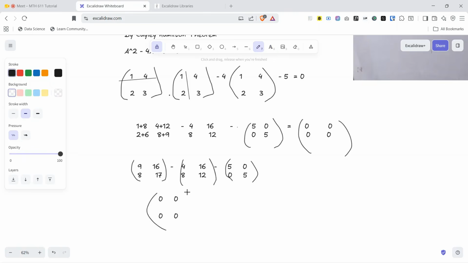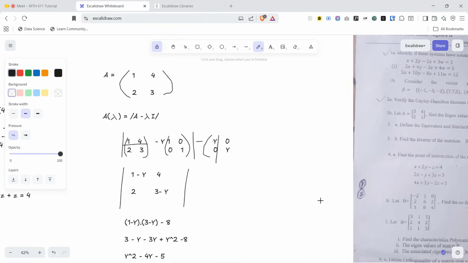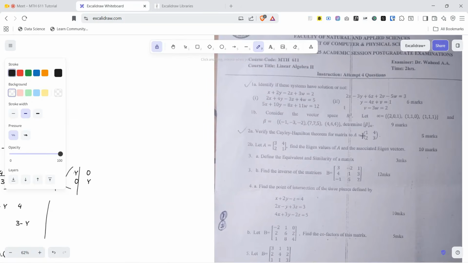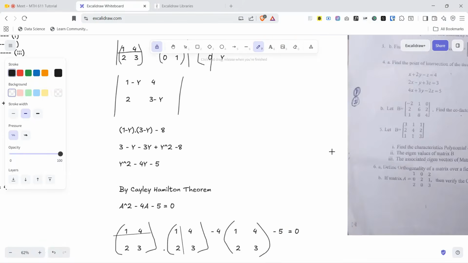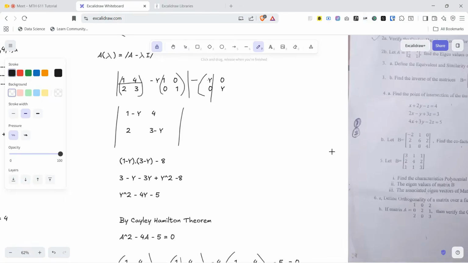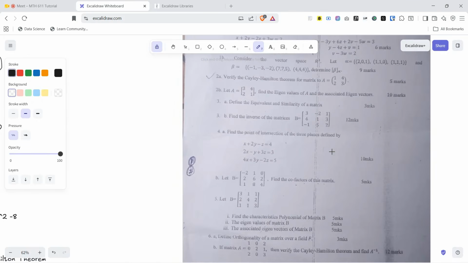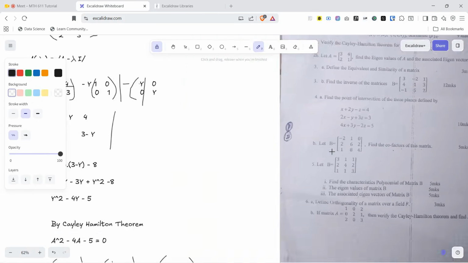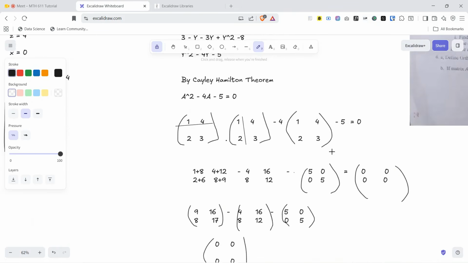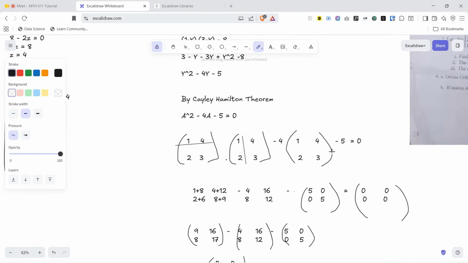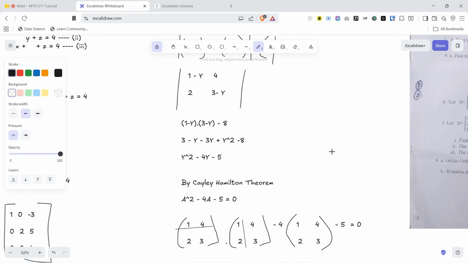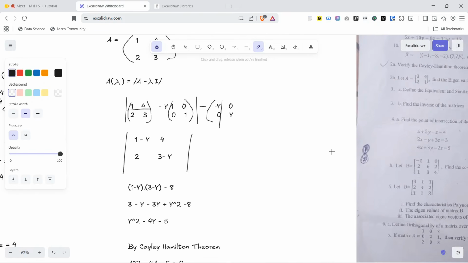So 0 equals 0. Therefore, this particular matrix A fulfills the Cayley-Hamilton theorem. That's what we are looking for.